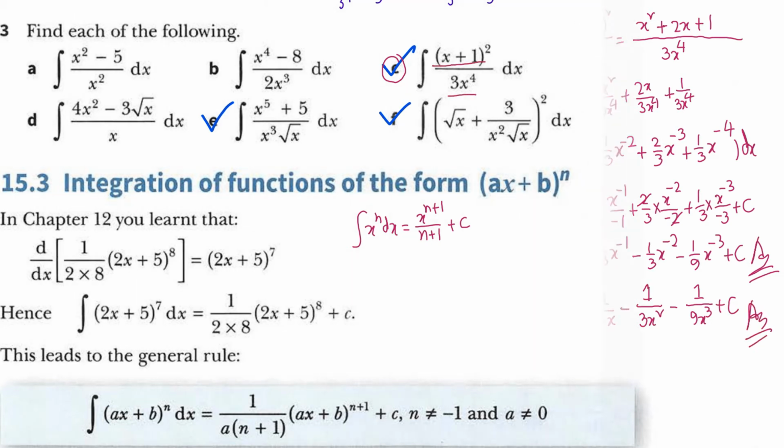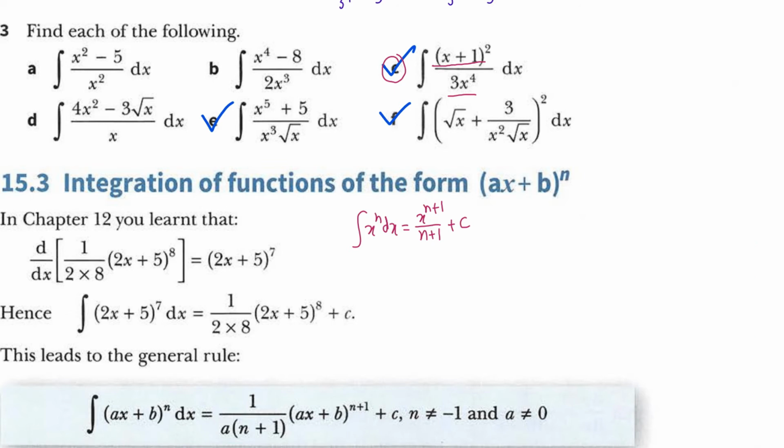Both are correct. 3e, which is written here: x to the power 5 plus 5 divided by x to the power 3, and another part is root x. First we need to simplify and write each individual term with the plus minus sign. So before that, the denominator is written x to the power 3 and another part is x to the power half.